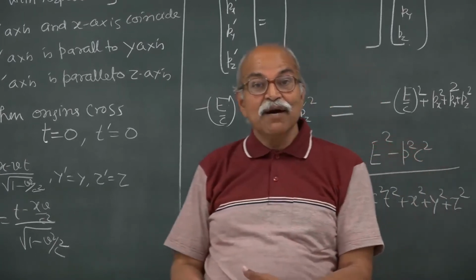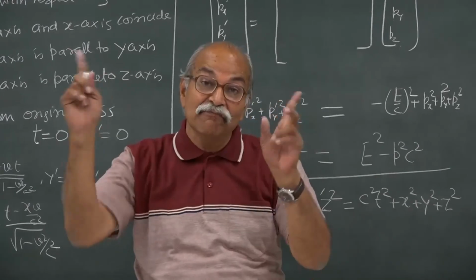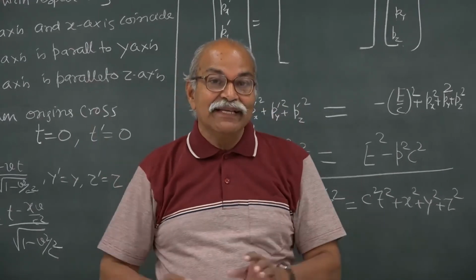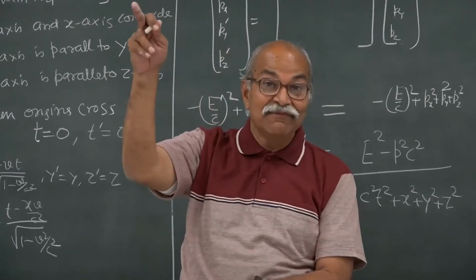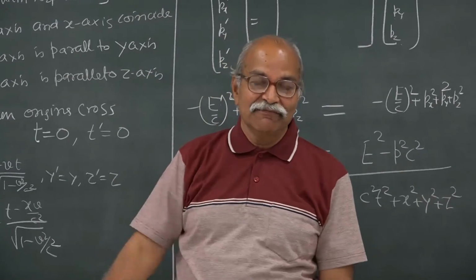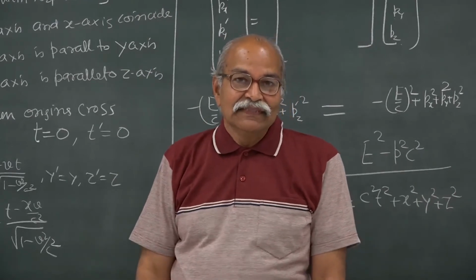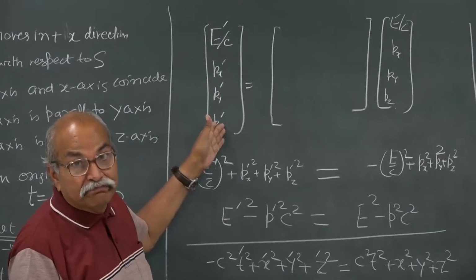We say there is one entity, space-time, and space and time are like components of space-time. When you choose a frame, you have fixed, okay, this is space and this is time. Similarly here, energy and momentum are mixed up.